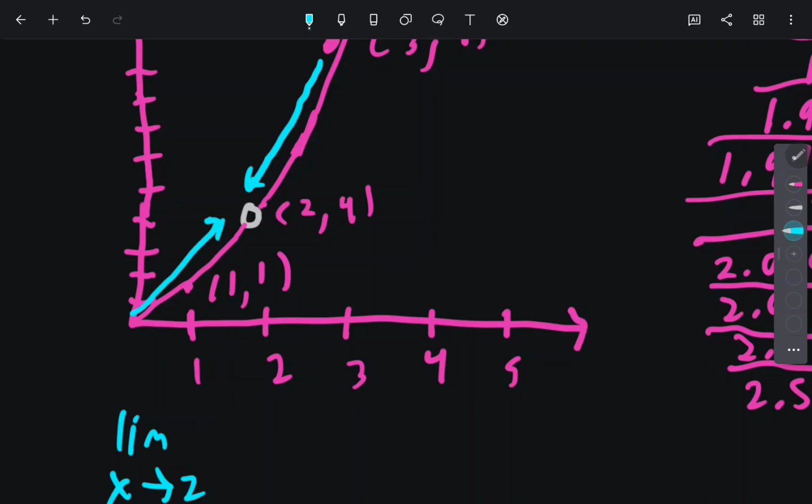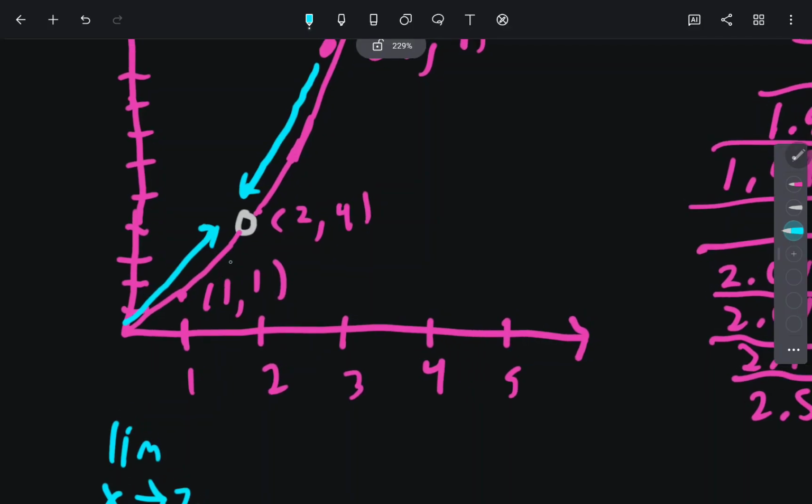At 1.99, f of x is equal to 3.96. At 1.999, again, as x is just getting closer and closer to that value of 2, f of x approaches 3.996.